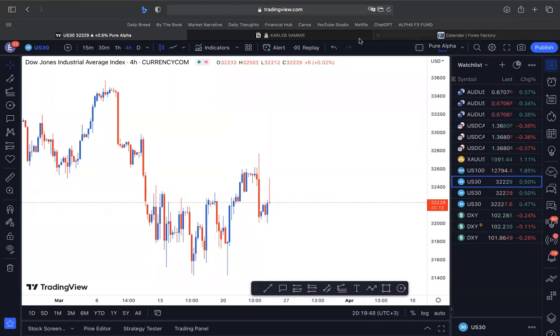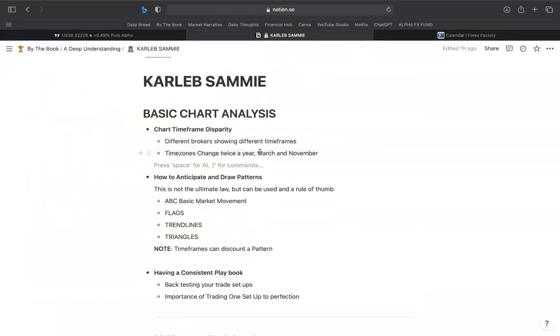Now, what are time zones changes? Why do markets change time, and why does it happen in March and in November? If you remember your physics, science, what we were taught in high school or primary, during different times of the year, some countries experience more day than night, and sometimes of the year, they experience more night than day. Then sometimes in the year, the days and the nights are more or less equal, okay?